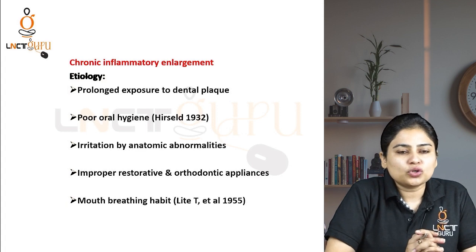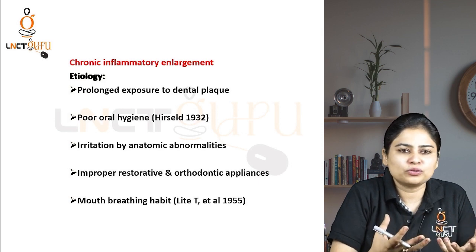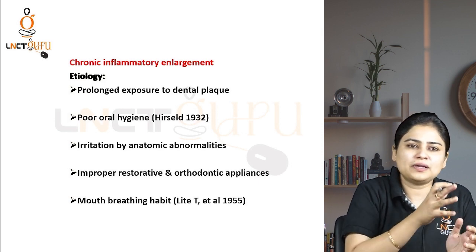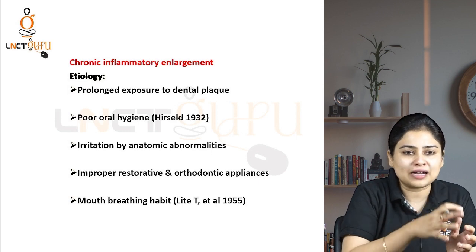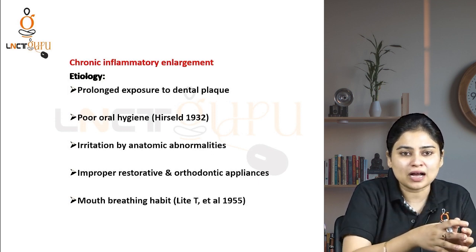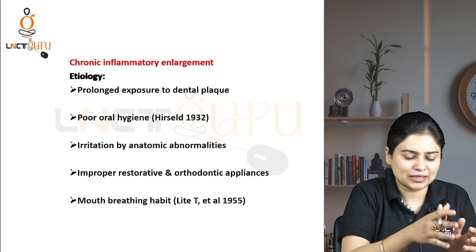Talking about chronic inflammatory enlargement, the etiology is definitely plaque. Plaque could be because of poor oral hygiene, or any of the local predisposing factors that form plaque, which are actually responsible for chronic inflammatory enlargement.